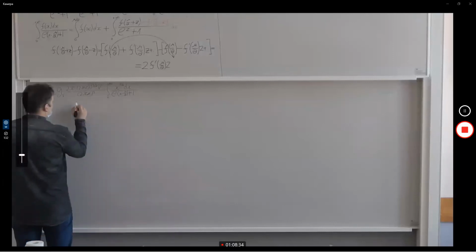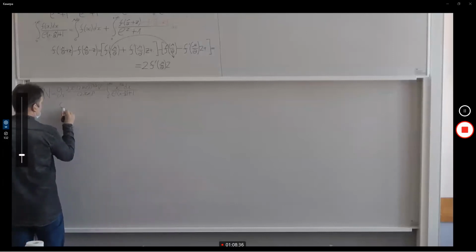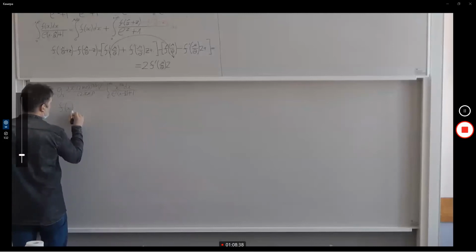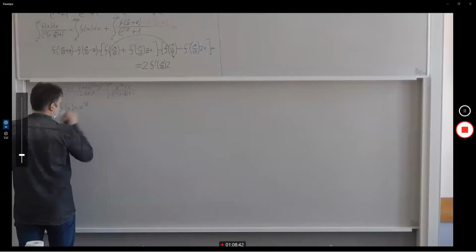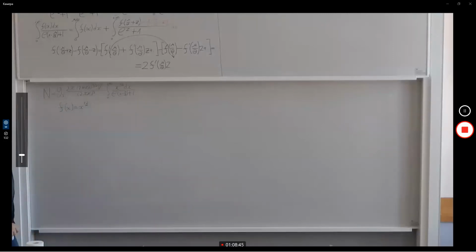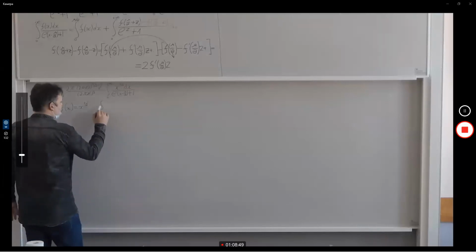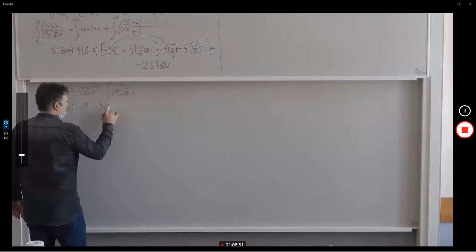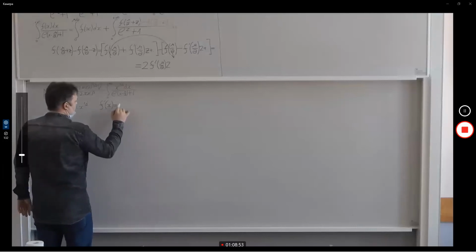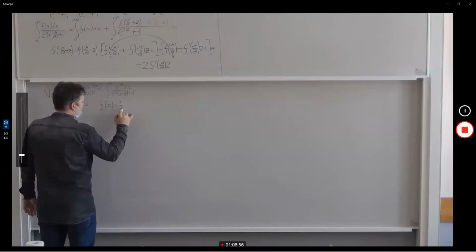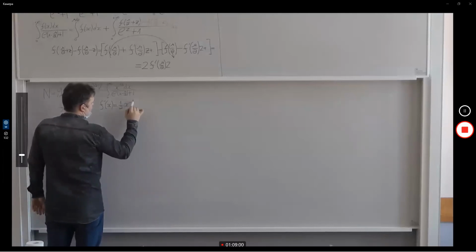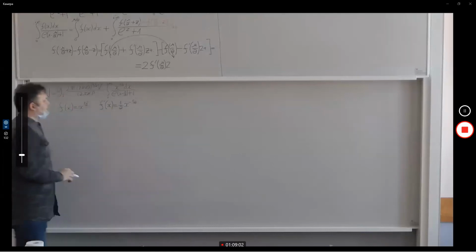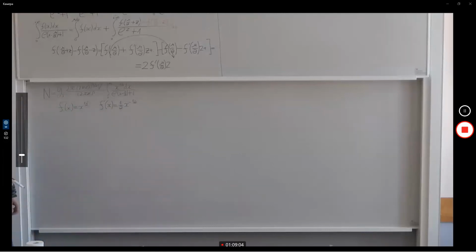In this case, we have the function f(x) equals x to the power 1/2, and its derivative has the form f'(x) equals 1/2 x to the power 1 minus 1/2, that is, minus 1/2.